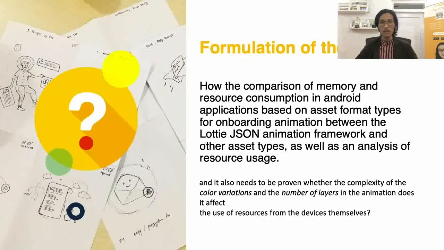The formulation of the problem is how the memory and resource consumption in Android applications compare based on asset format types for onboarding animation between the Lottie JSON animation framework and other asset file types, as well as an analysis of resources. It also needs to be proven whether the complexity of color variation and the number of layers in the animation affect the use of resources from the device itself.